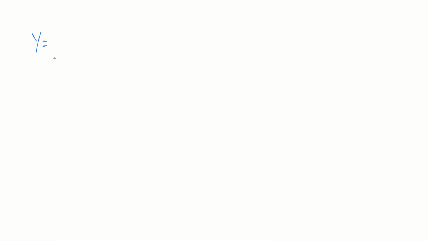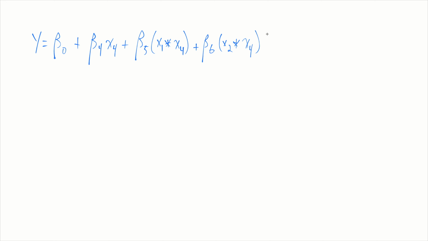Y equals beta naught plus beta 4 x4 plus beta 5 times x1 times x4 plus beta 6 times x2 times x4 plus beta 7 times x3 times x4.